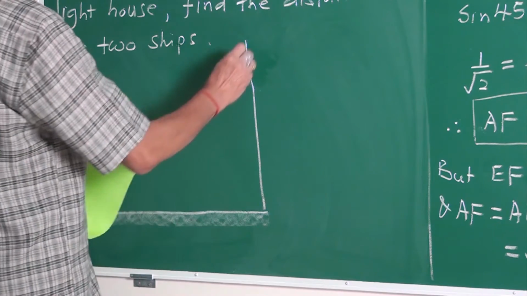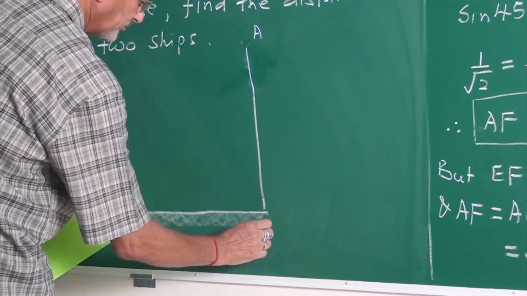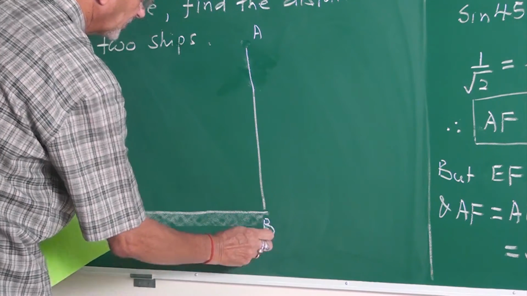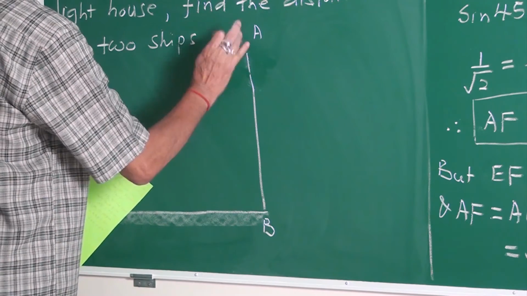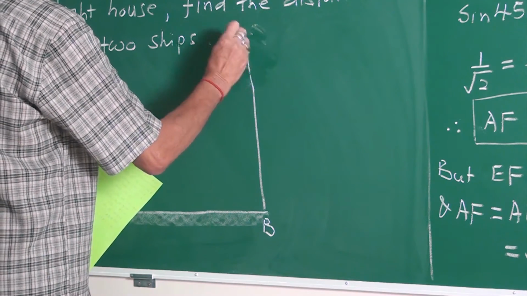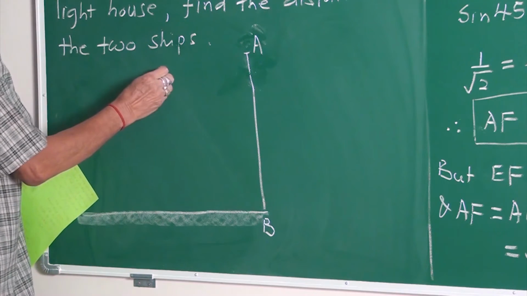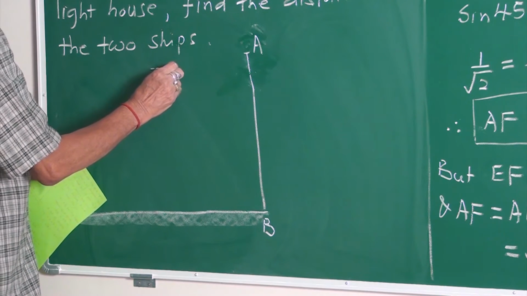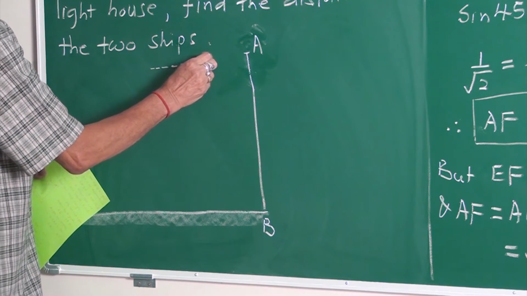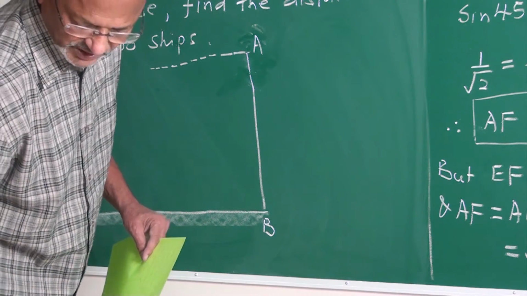The friend is here at the point A. From A, this AX is the horizontal line.